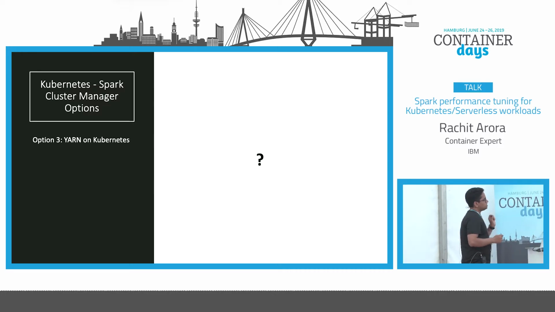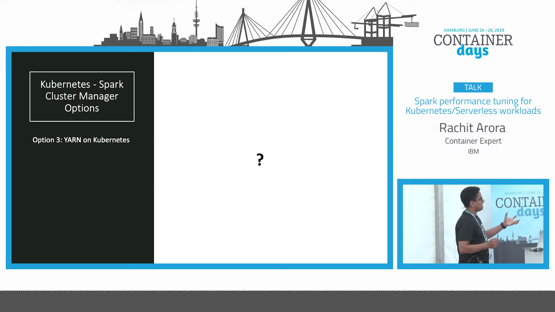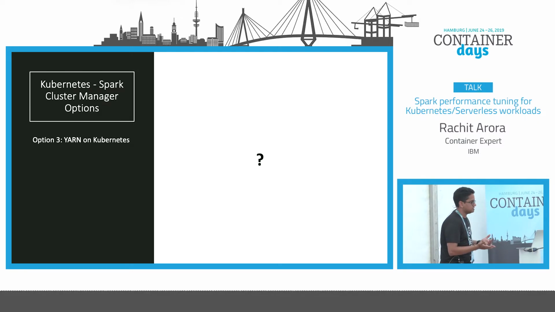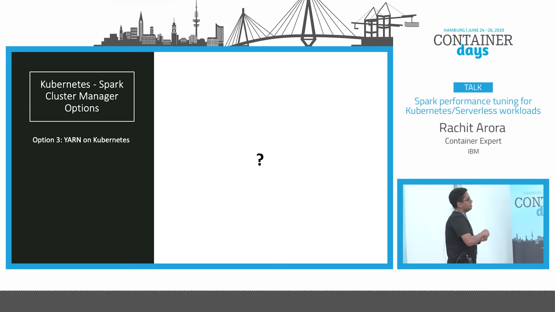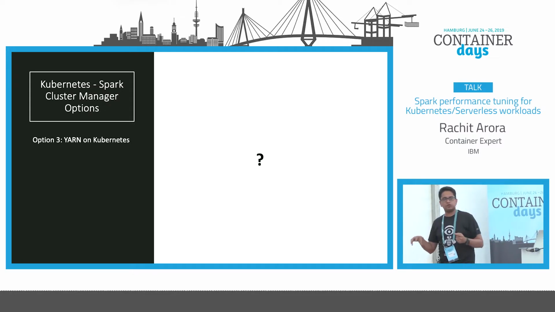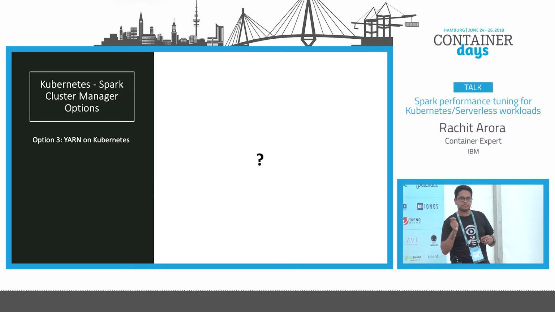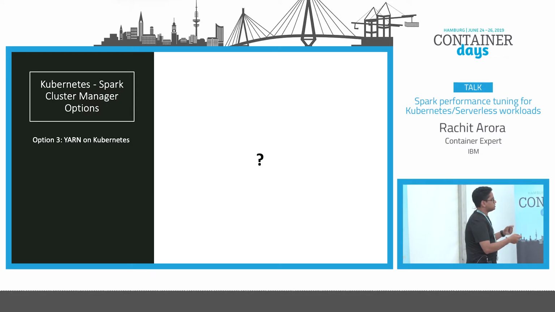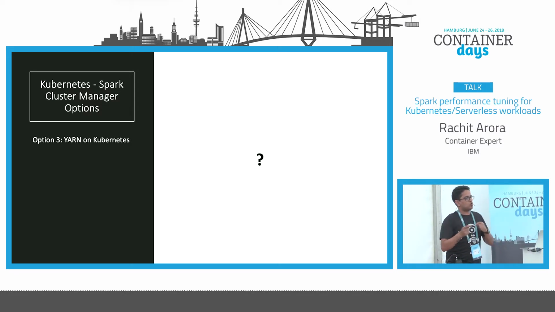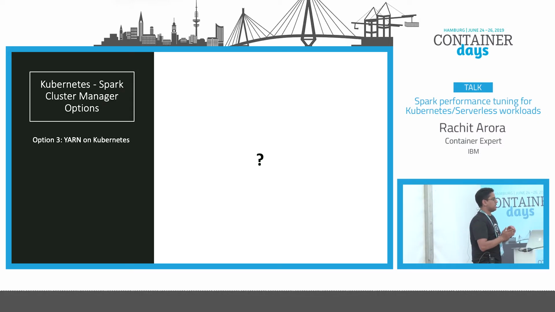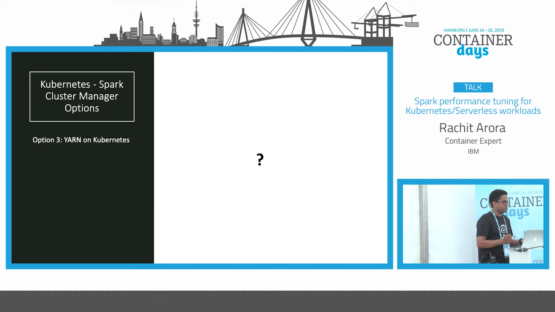This approach has its cons: why do you really need Yarn in between when the same things can be done by the Kubernetes layer? But people are doing it because many of the Hadoop ecosystem components don't understand Kubernetes yet. But we are making changes in open source so that those components can natively work on Kubernetes, and Yarn can be totally eliminated.